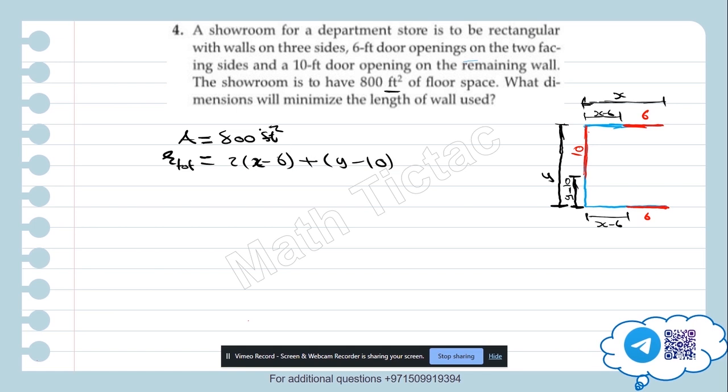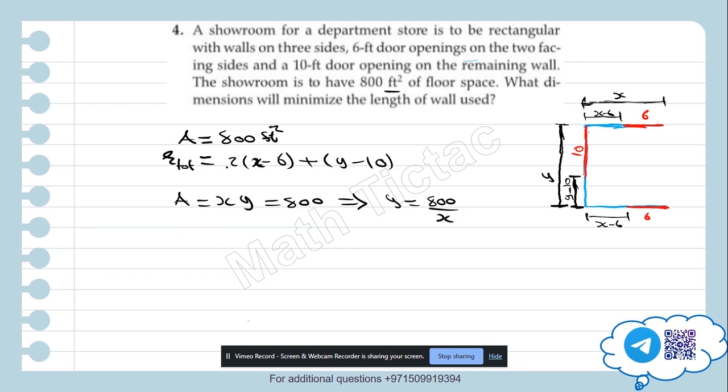Now what about the area? We need to minimize the length. What is the area? This is the substitution relation. This is equal to x multiplied by y, which is equal to 800. So I can say that y is equal to 800 divided by x.